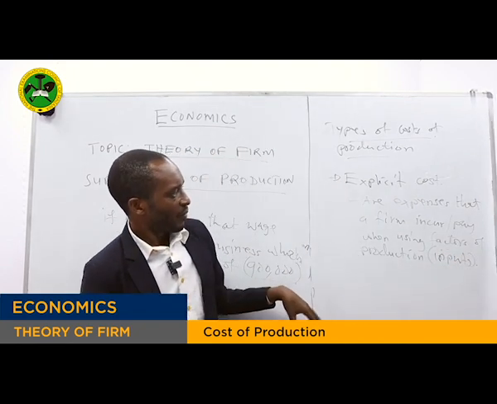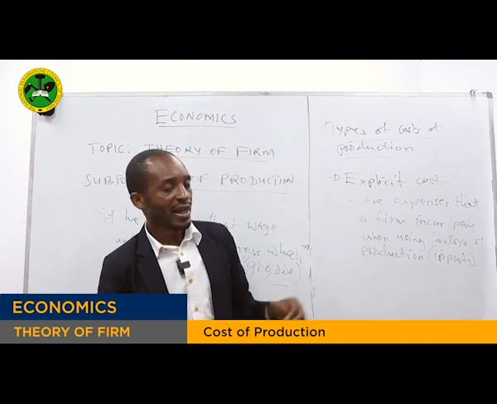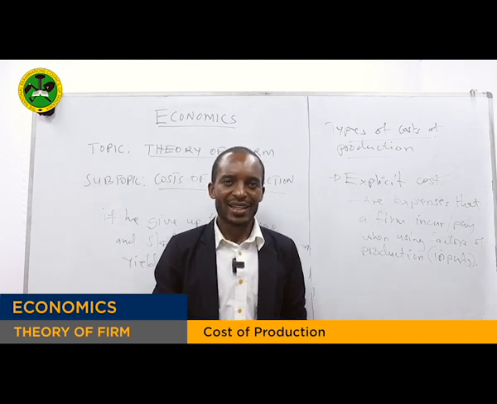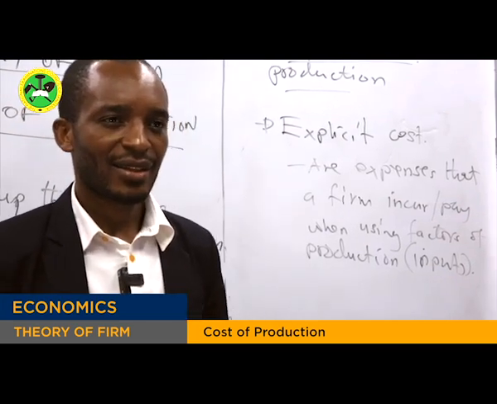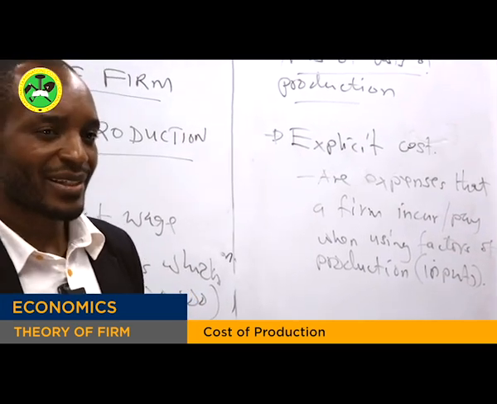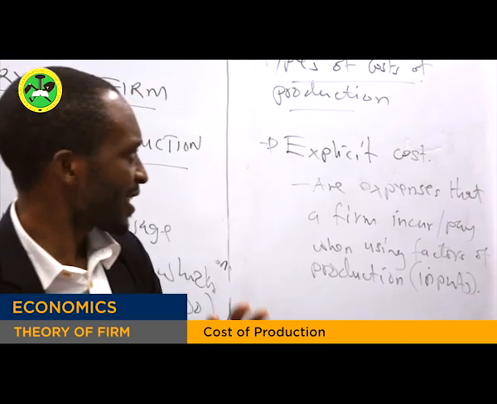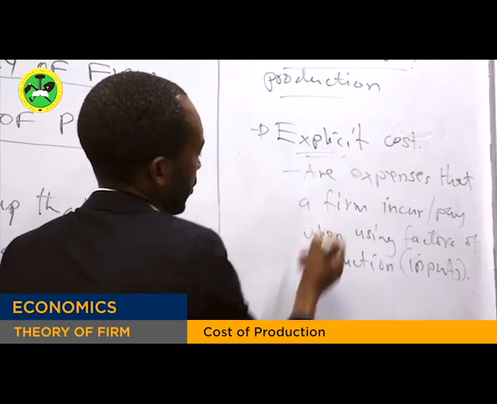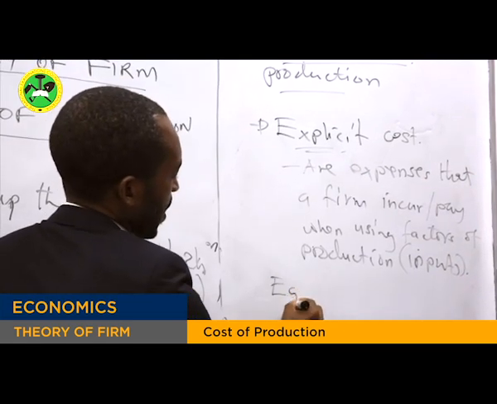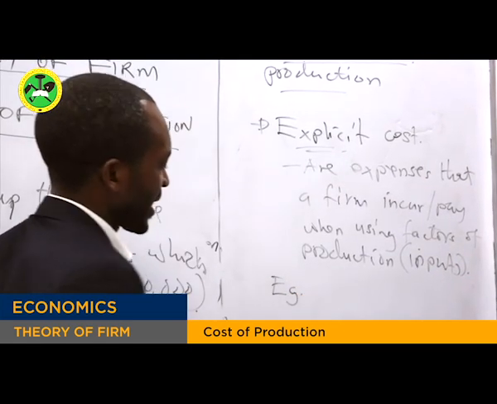So when a firm or a businessman pays bills or wages or water bills and whatever, the actual money that a firm pays we call an explicit cost. So examples of explicit cost are wages that workers are being paid, then electricity bills, then water bills, etc.